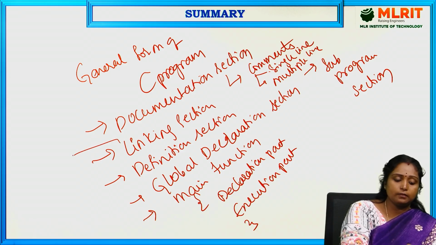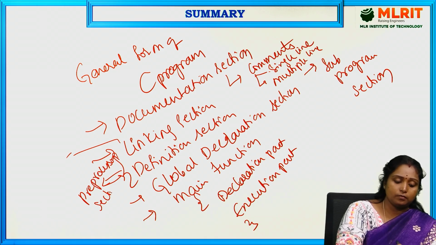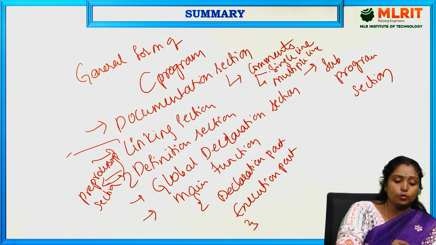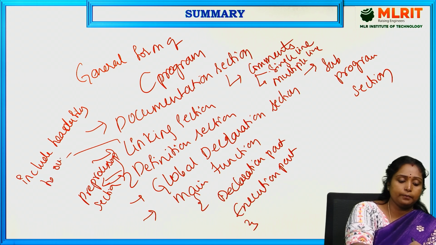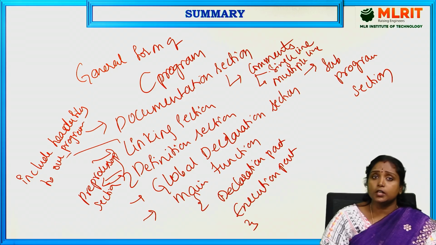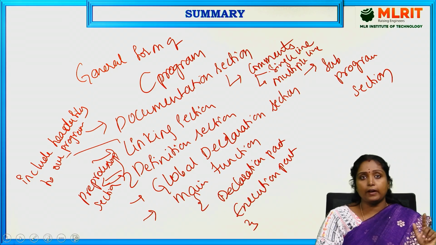The linking section and definition section together we call the pre-processor section. The linking section is used to include header files in our program. Why are we linking the header files? In order to use the functions which are already defined in the header files.